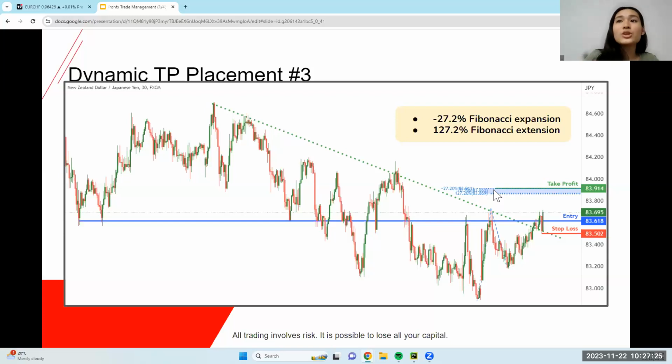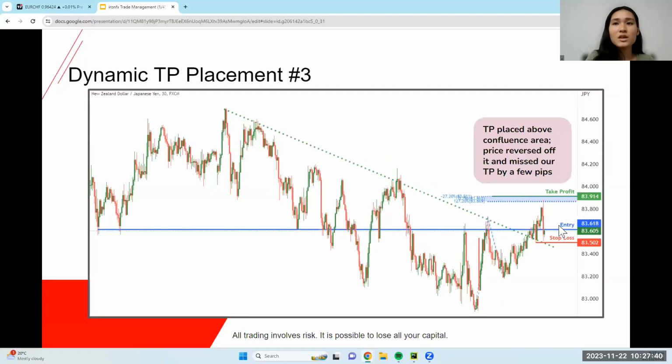So we are expecting price to rise above this entry level and hit towards our take profit and this Fibonacci confluence area. But we see that our take profit, when placed above the confluence area, actually missed price by a few pips, because price reversed off of this confluence area and reversed back down to our entry.